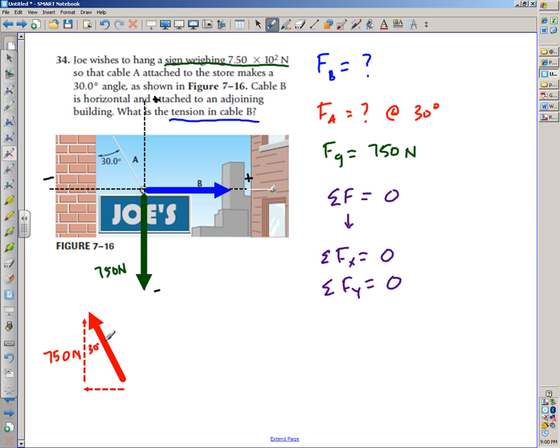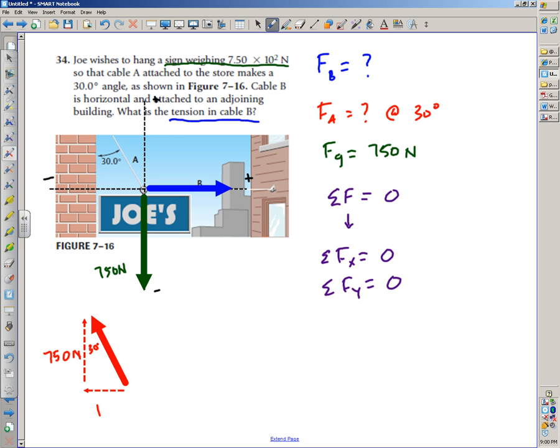Technically, we could figure out what the tension in cable A is if we really wanted to. We could figure out what the hypotenuse of this triangle is, but that's not what the question asked us for. We've just established that this horizontal component is the one that's equal to the tension in cable B. So we can just find this horizontal component and we'll be good to solve our problem.